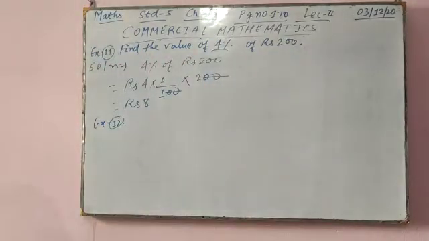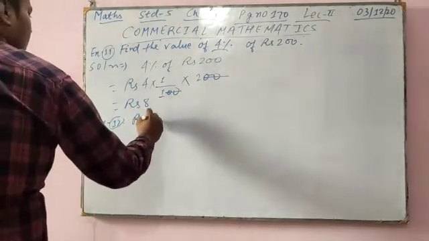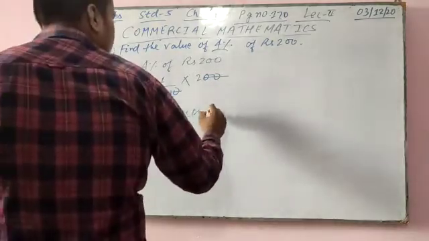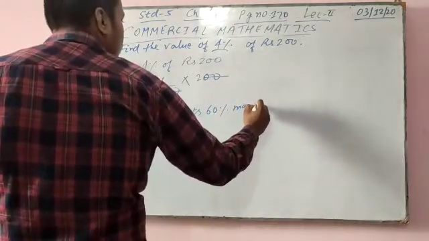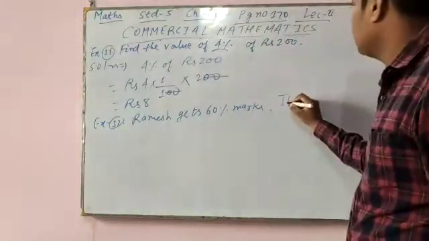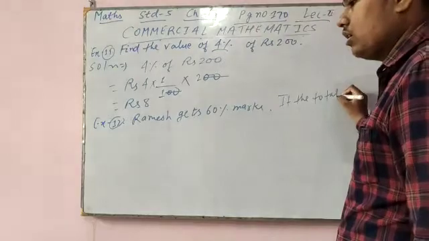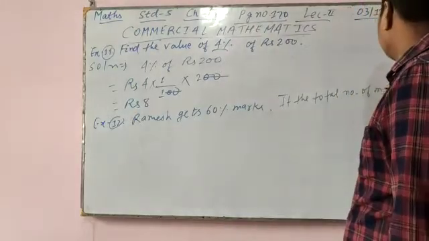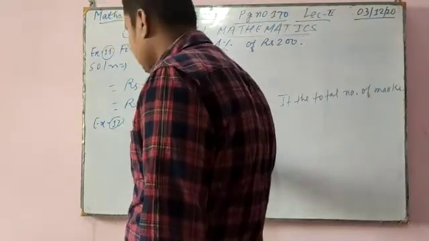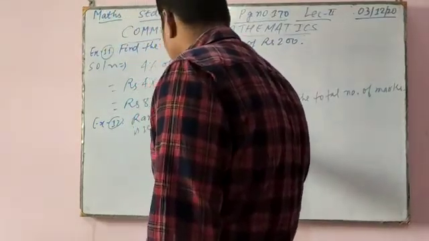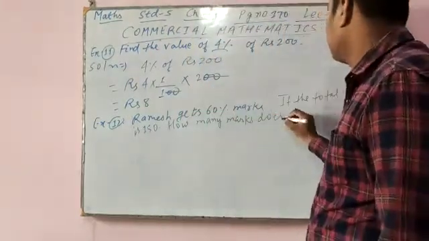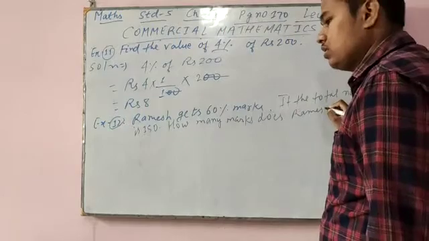Now example number 12 is that in an examination, Ramesh gets 60% marks. If the total number of marks in that exam is 150, how many marks does Ramesh get?